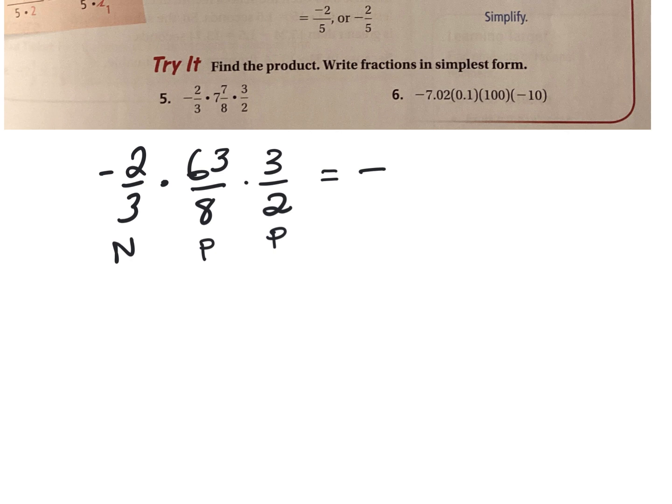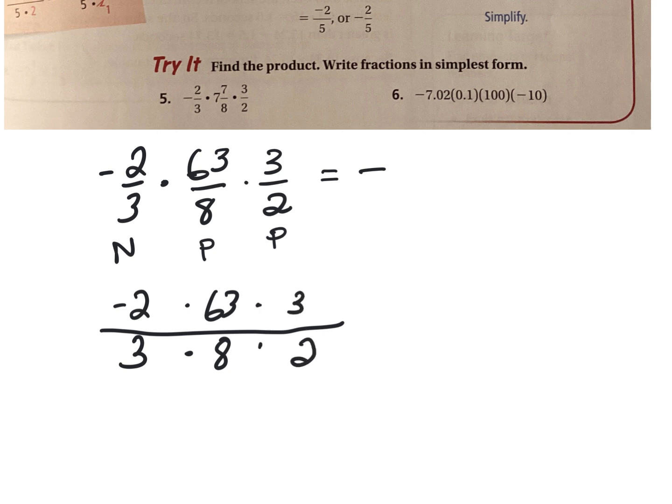So what I'm going to do is put negative 2/3 times 63 over 8 times 3 over 2. Now, I can do a little cross simplifying, or I could move stuff around.